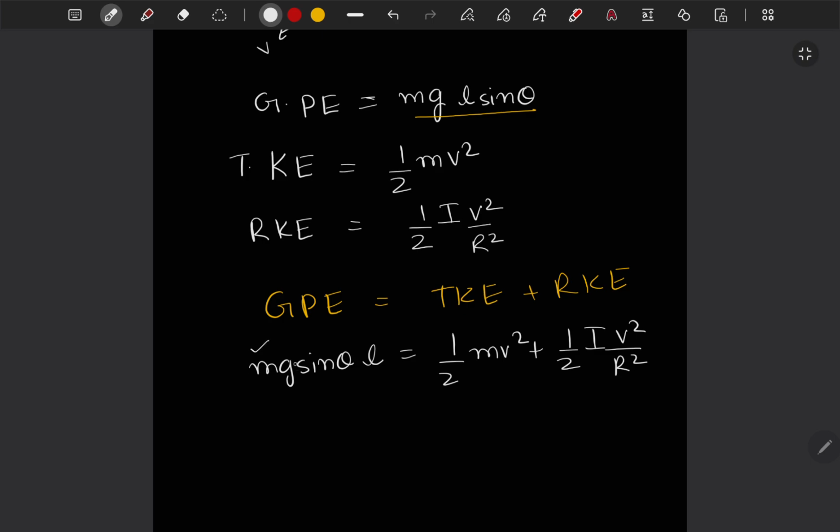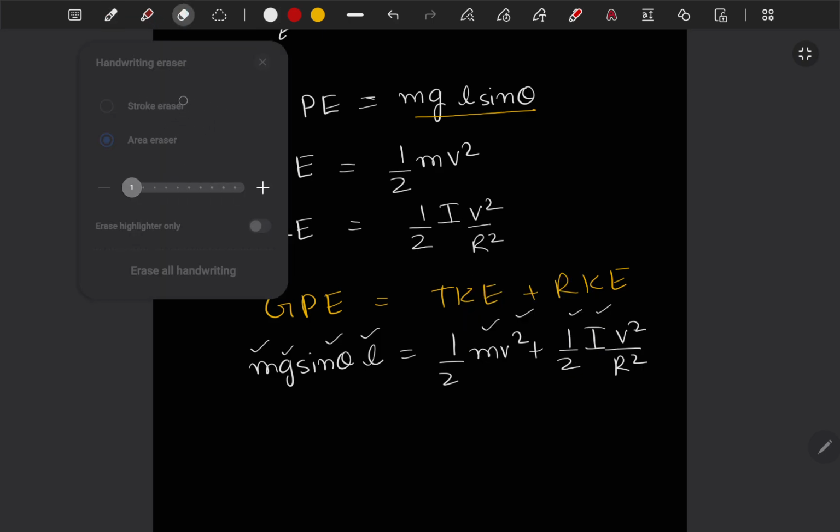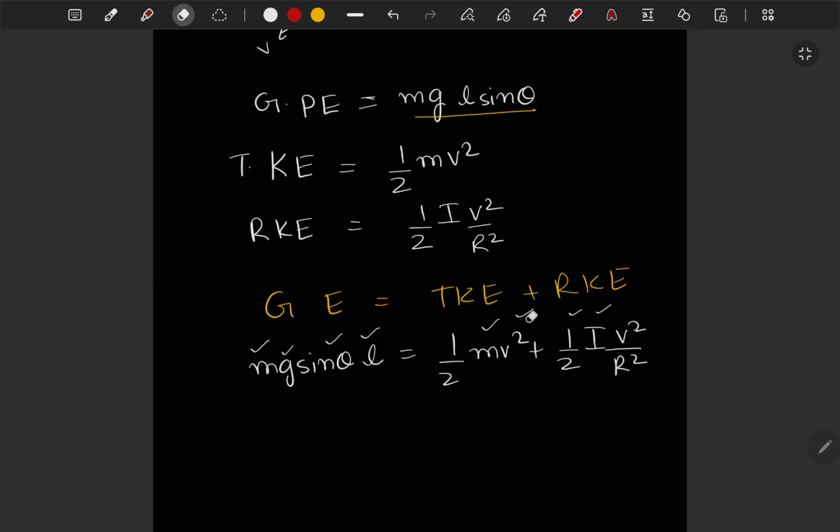You know the mass, you know g, you know all this, and you have to just find v. You don't know v, so you take the v terms together and v can be found. m can be cancelled because I will also contain m.